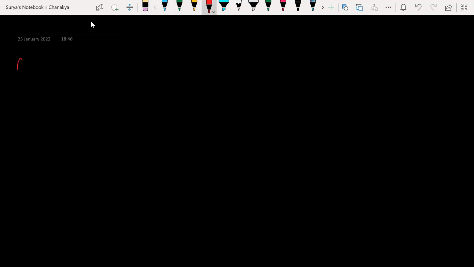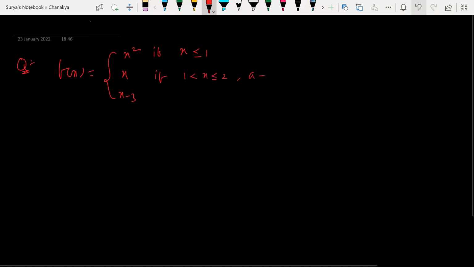Varun, were you there for the last class? Yes, sir. Okay. f of x was given, very good. x square, x and x minus 3. This is the question given here. x square if x is less than or equal to 1, x if the function lies between 1 and 2, and x minus 3 if x is greater than 2.